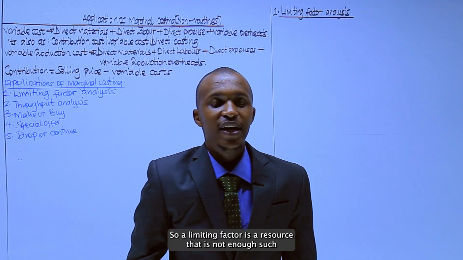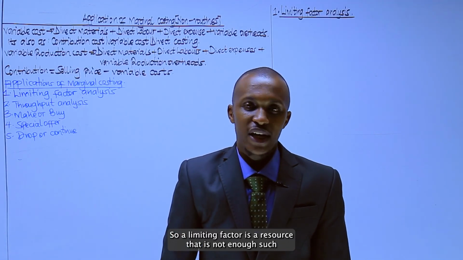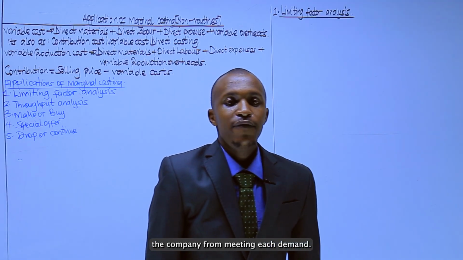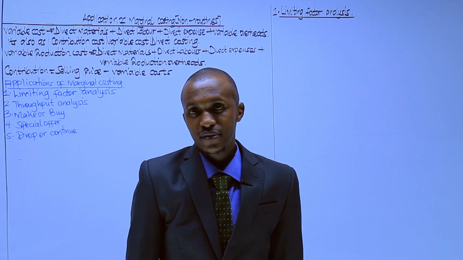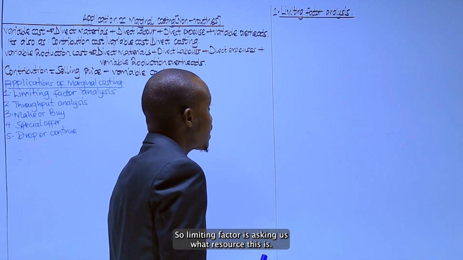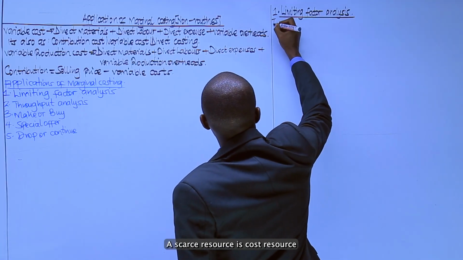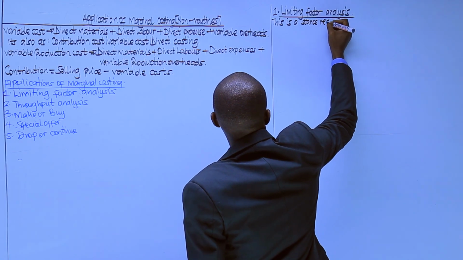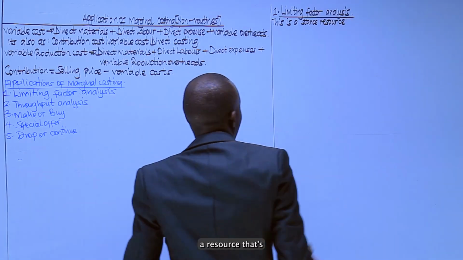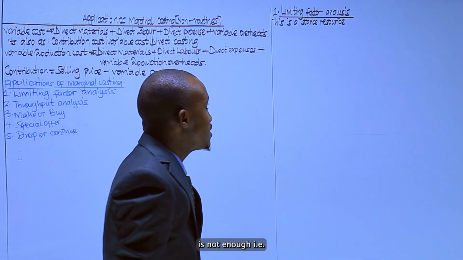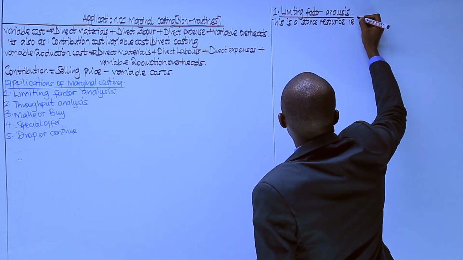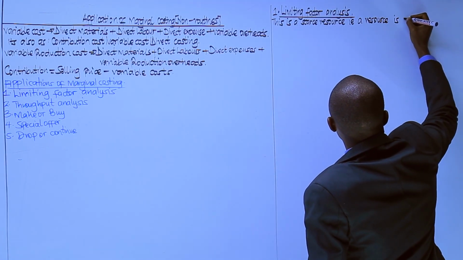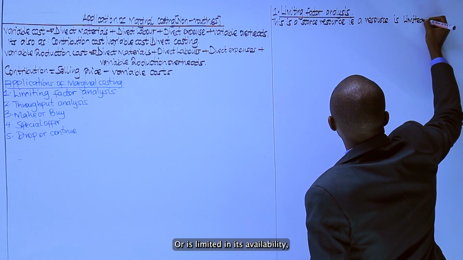So a limiting factor is a resource that is not enough, such that it will normally prevent the company from meeting its demand. It is a resource that is limited in its availability.